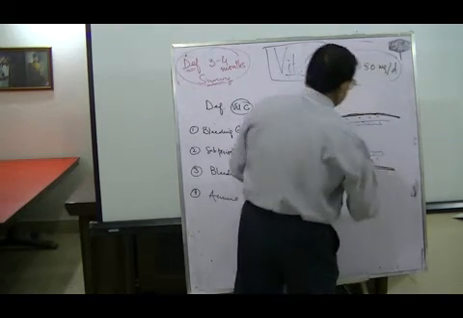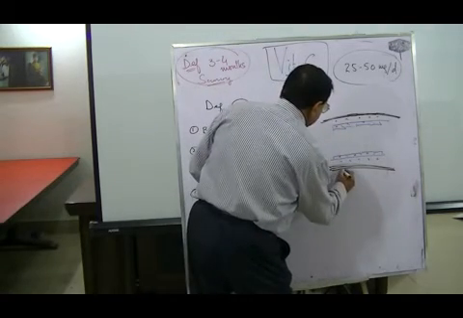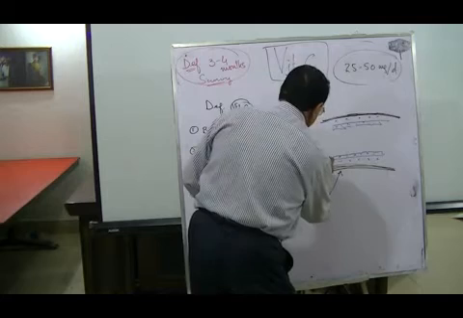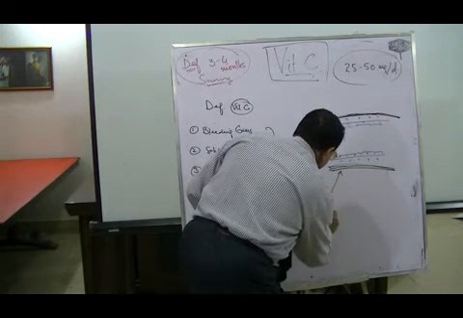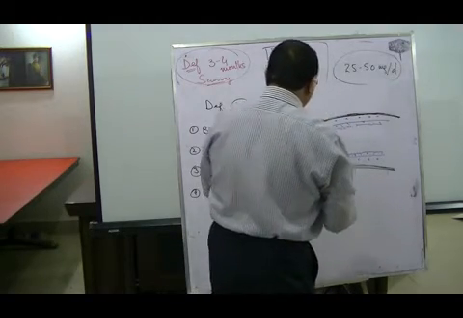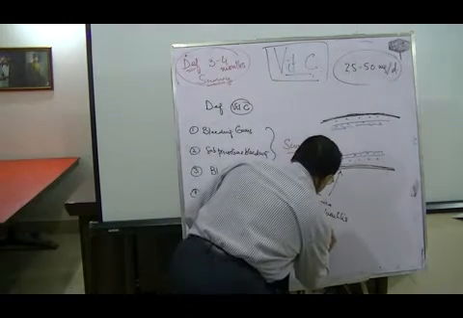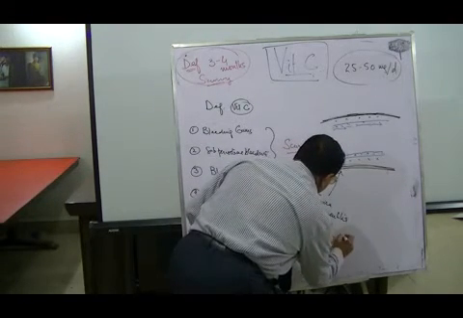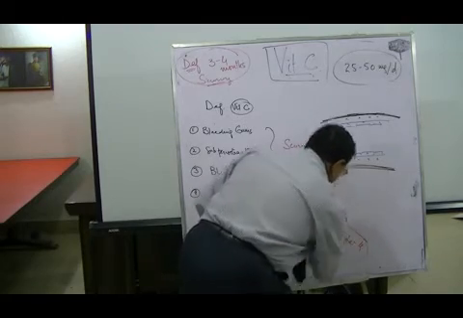So this is tunica adventitia. This is made up of collagen type 4.